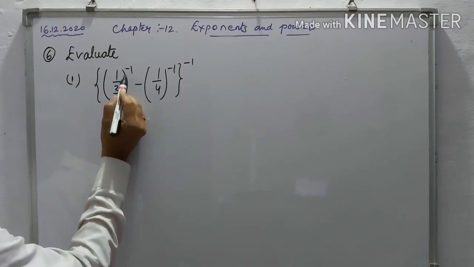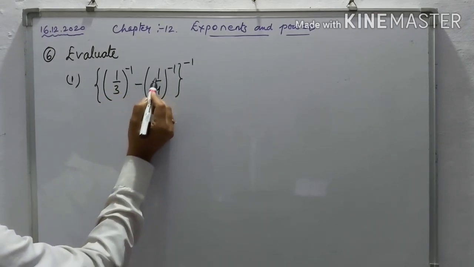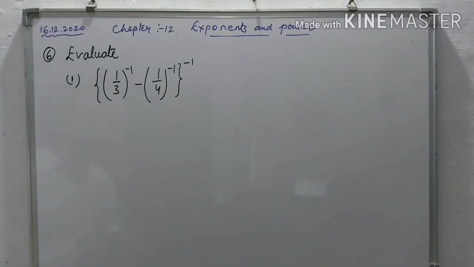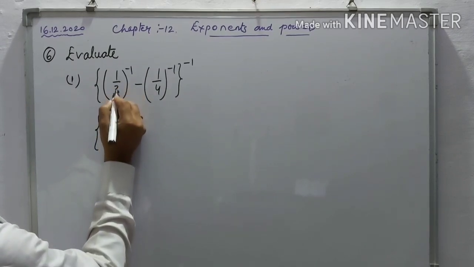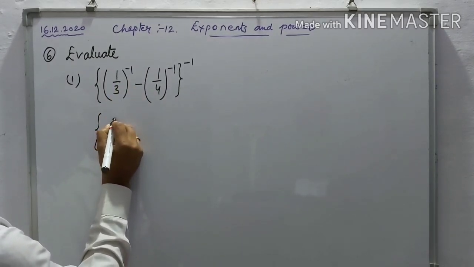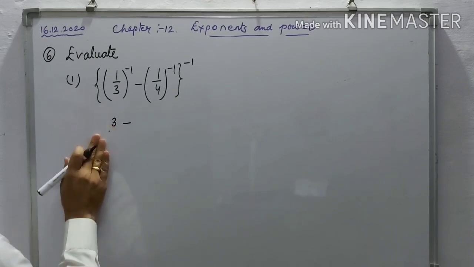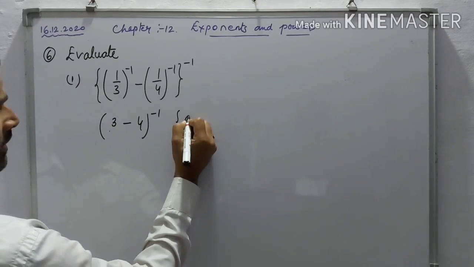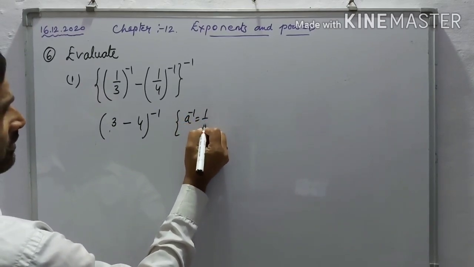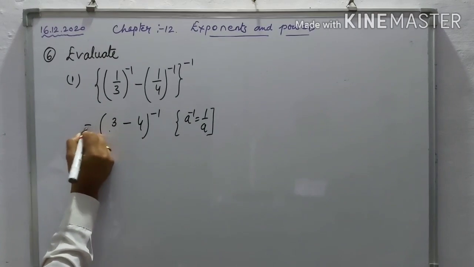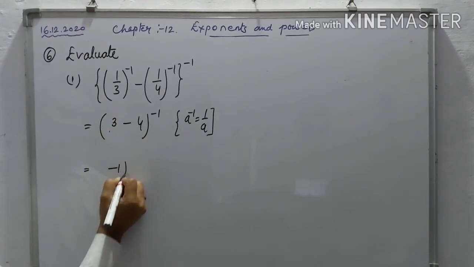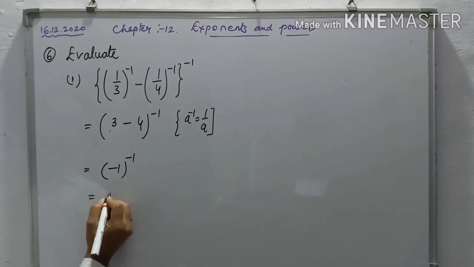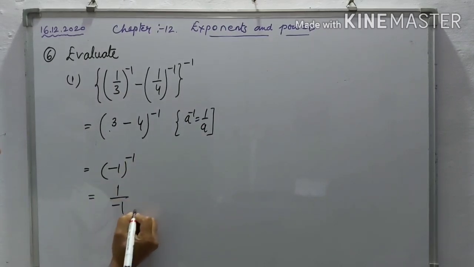Here is (1/3^(-1) - 1/4^(-1))^(-1). Then we solve: 1/3^(-1) is only 3, and here is 4, because a^(-1) = 1/a. Now the whole power (-1): again, the power of minus 1 means 1 upon the value.